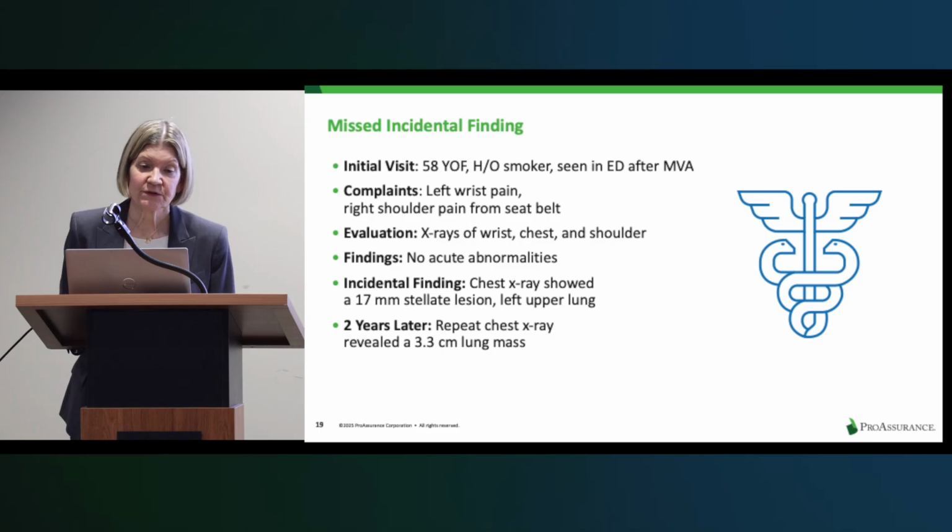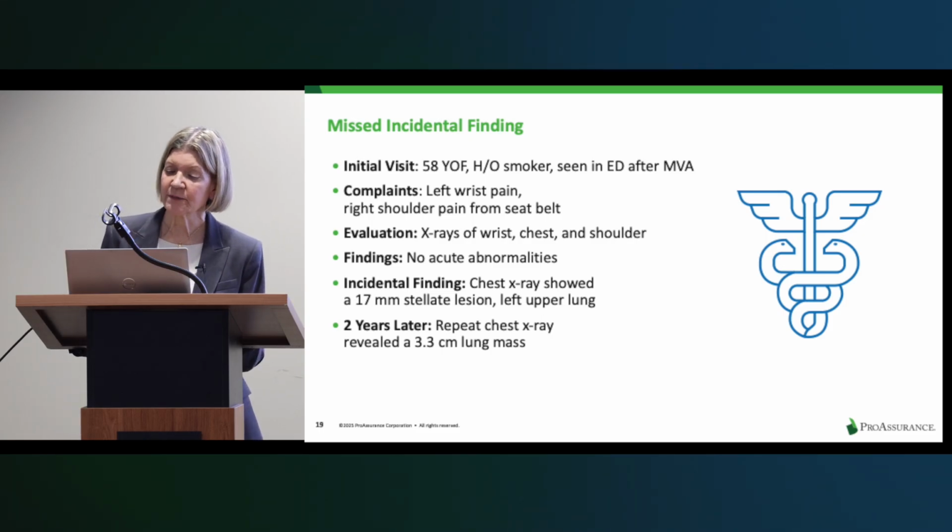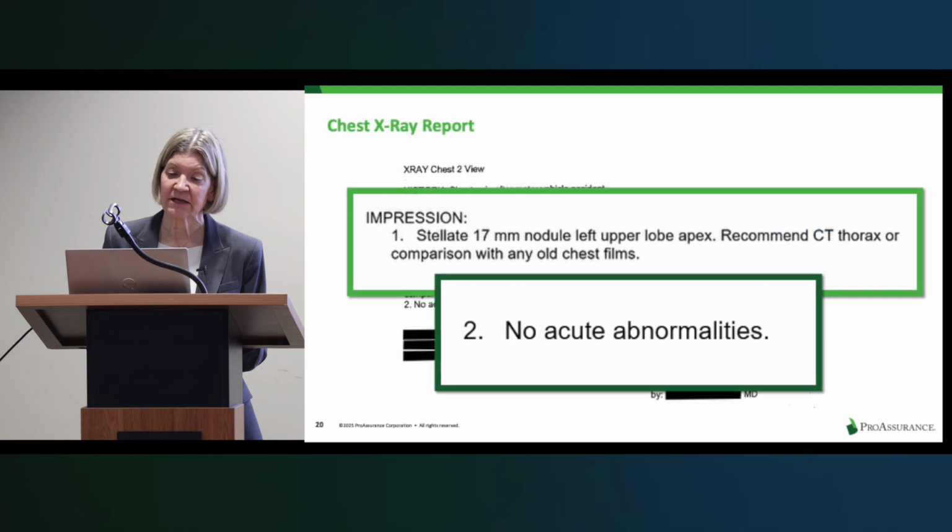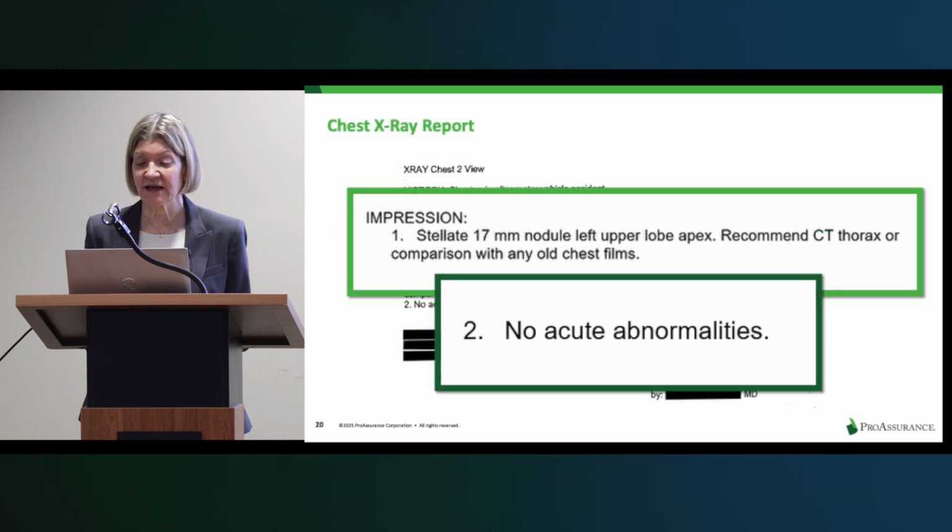Further testing led to a diagnosis of pulmonary adenocarcinoma with metastases to the brain and liver. Although the patient underwent chemotherapy, the disease progressed to stage 4 and she passed away 3 years after the motor vehicle ED visit.